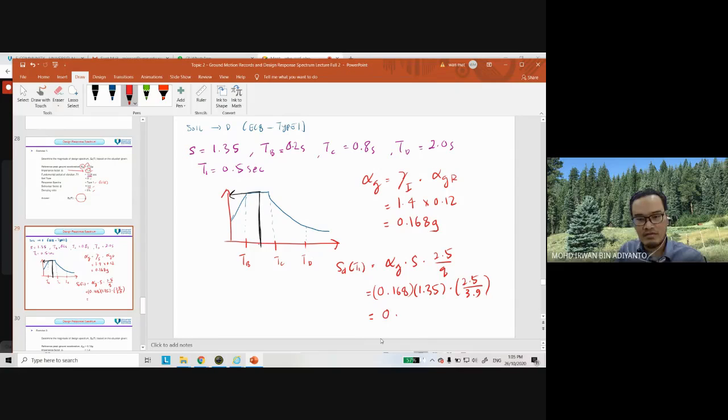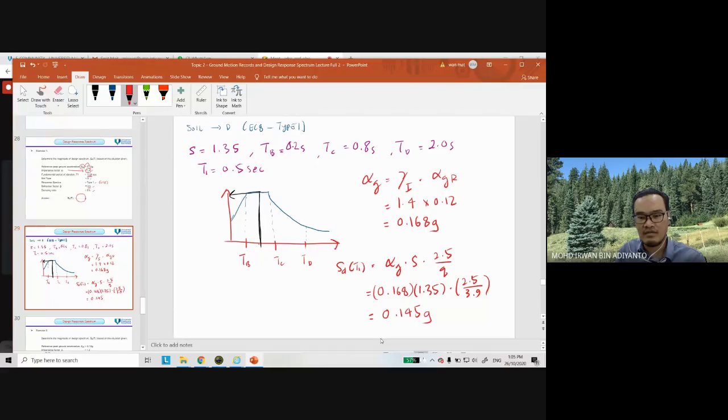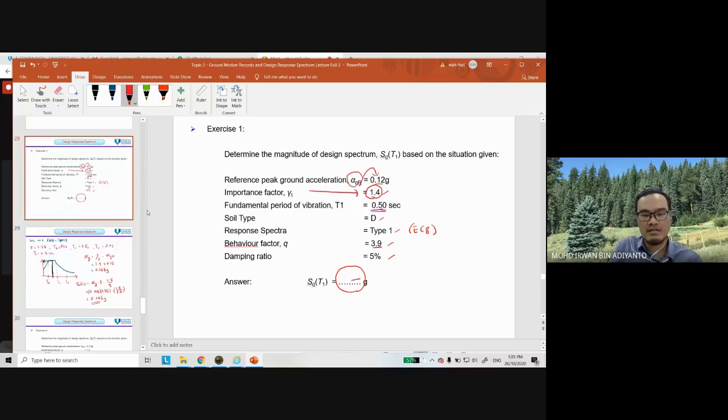Zero point one four five. The unit is G, right? Okay, so the answer here is 0.145 G. Okay?